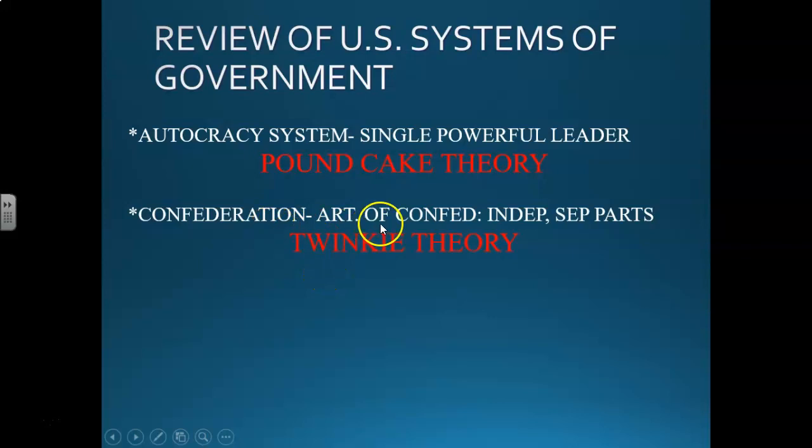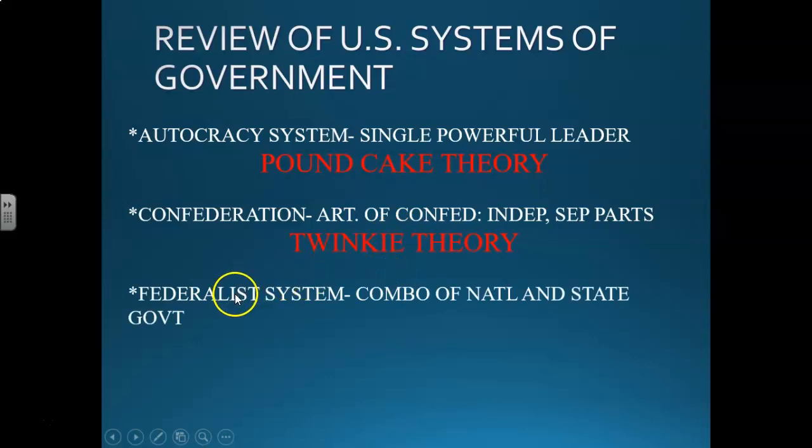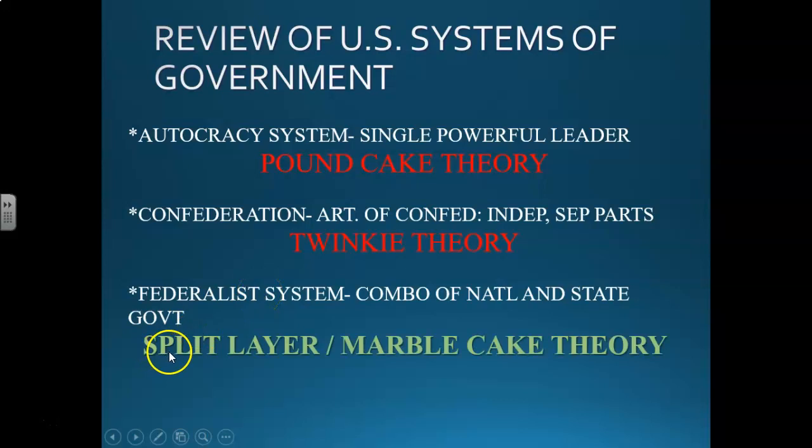But then the Articles of Confederation were pretty weak, and we decided to create a stronger federal government, and that gives us federalism. Federalism is having a stronger combination of national and state governments. Under federalism, there are two cake theories because there are really two kinds of federalism that we've had in our history.